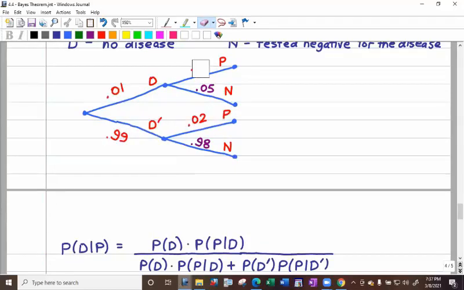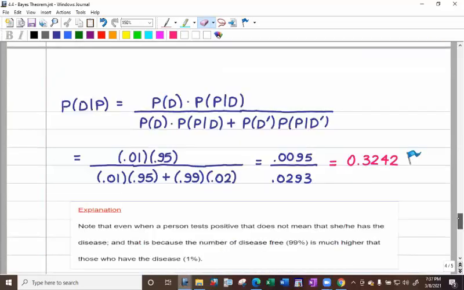So 0.01 times 0.95 is the numerator right here. There's all the stuff that makes the denominator. We just divide those numbers and we get 0.3242. So the probability of having the disease given tested positive is 0.3242, because you can still test positive and not have the disease.